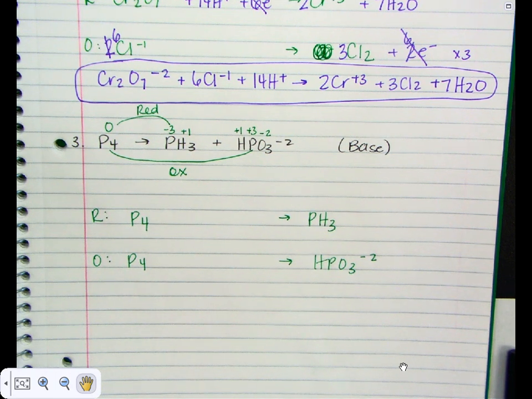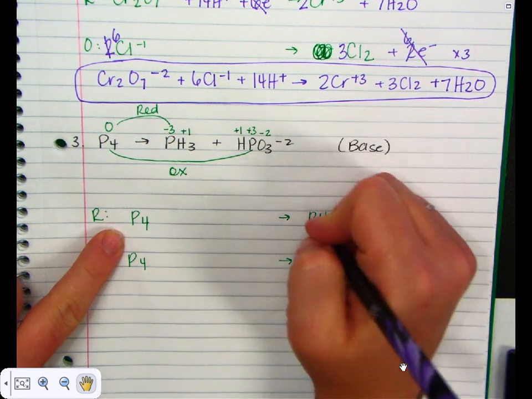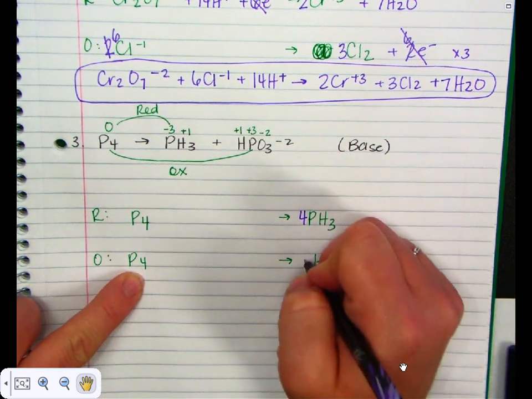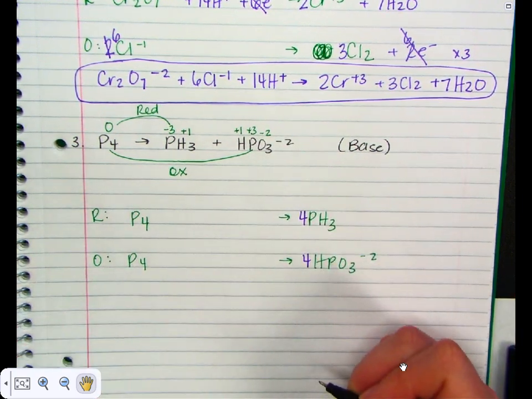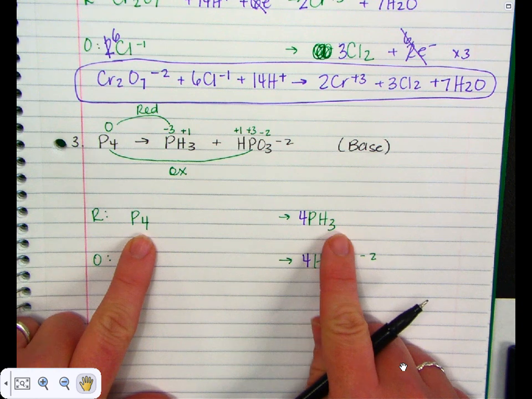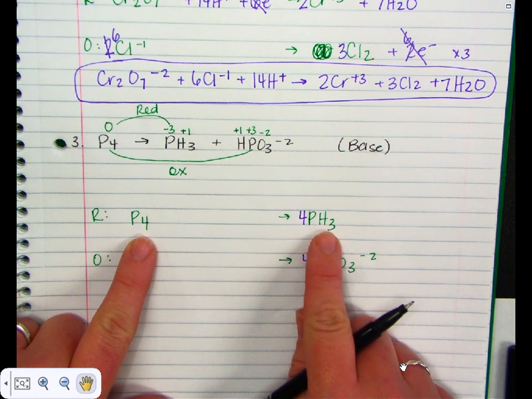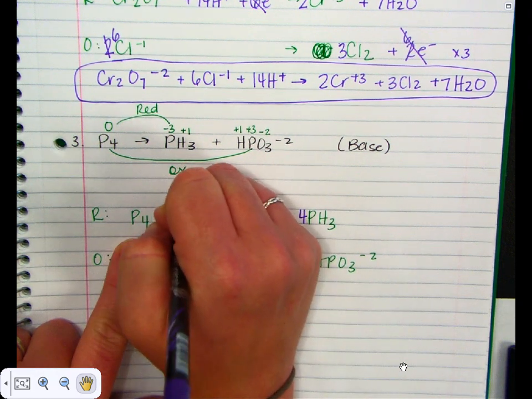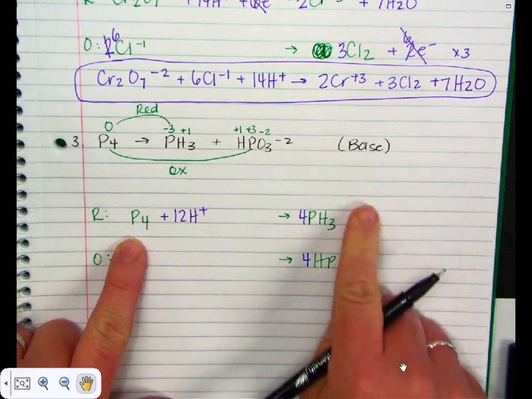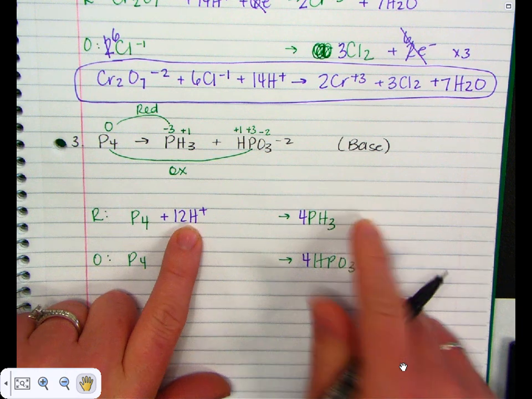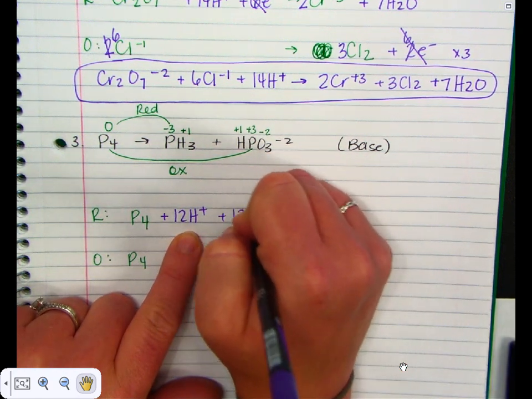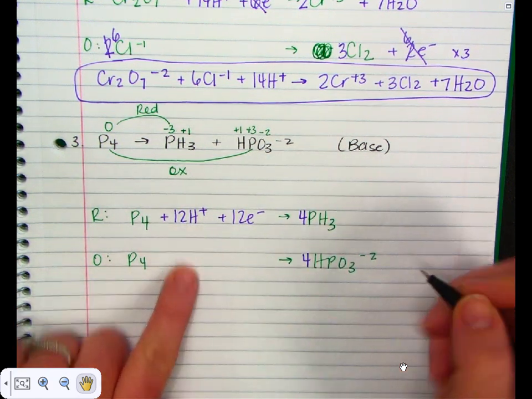I've got P4, so 4 P's and 1 P, so I'm going to put a 4 there. 4 P's, 1 P, I'm going to put a 4 here. I don't have any O's to balance with this first one. I just have hydrogens to balance. So 4 times 3 is 12, 12 H+. 0 charge on this side, plus 12 here, so plus 12 electrons. All right, and then we come down to this one.